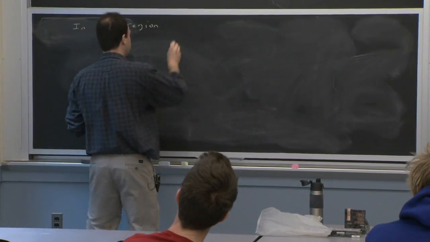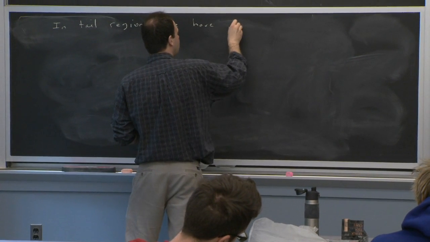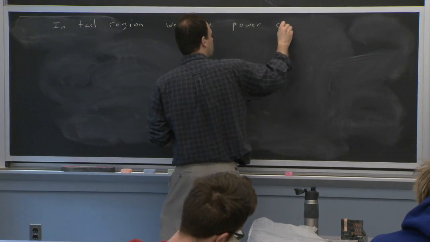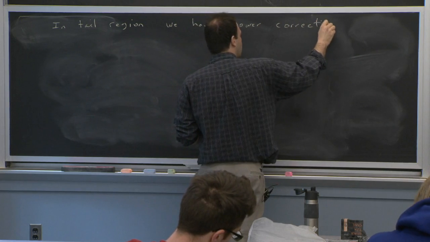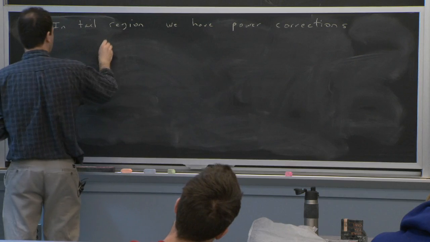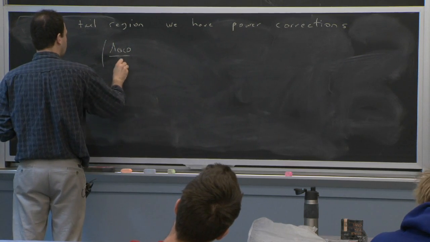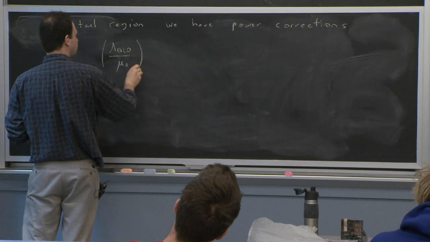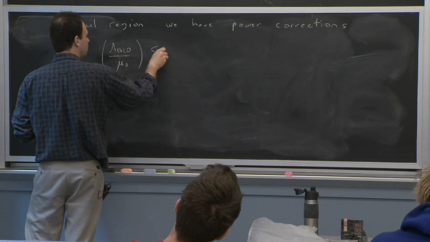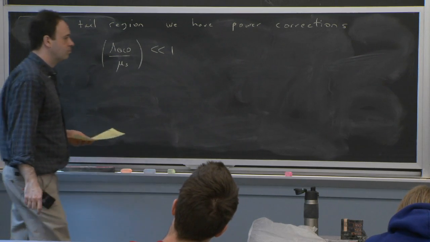If you're in the tail region, there's going to be power corrections. And these are actually the most important power corrections, which come as powers of lambda QCD over the soft scale, to some power. You're going to have a power expansion in that.